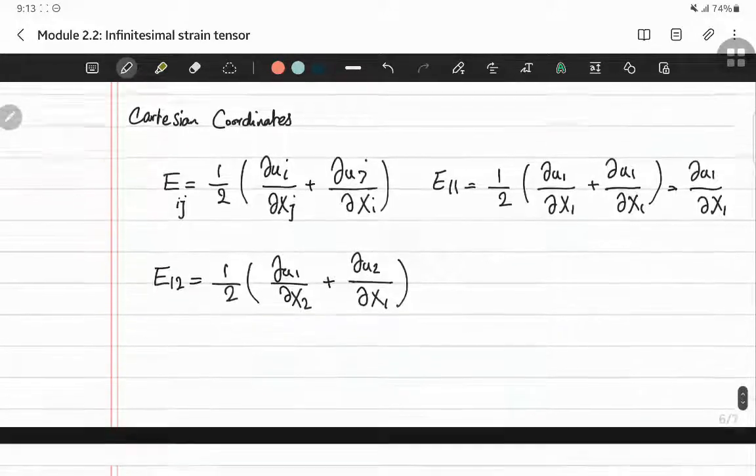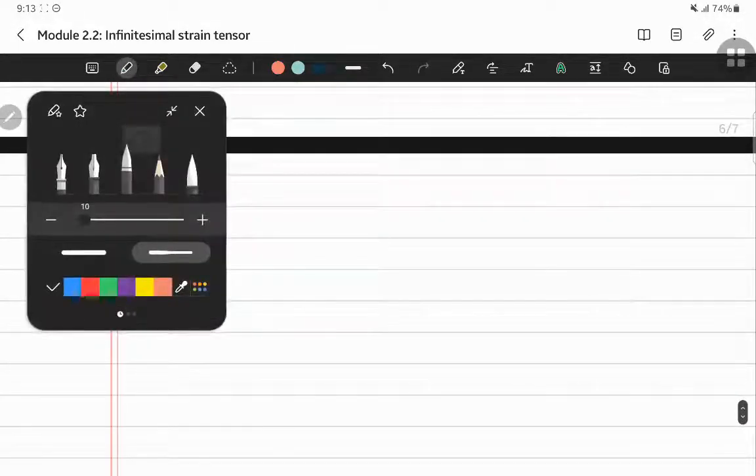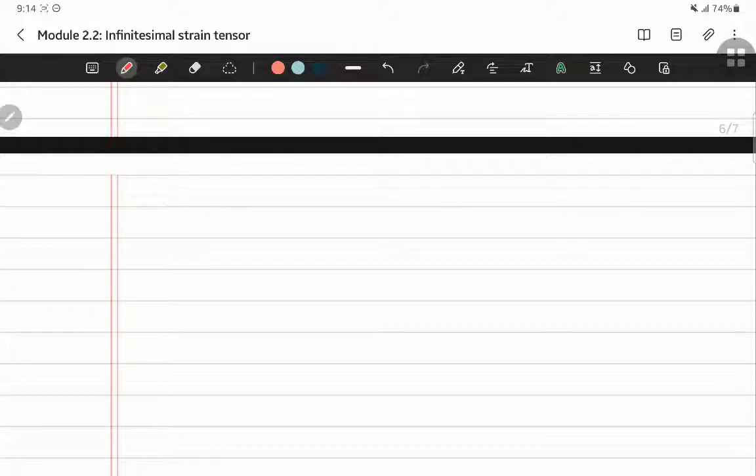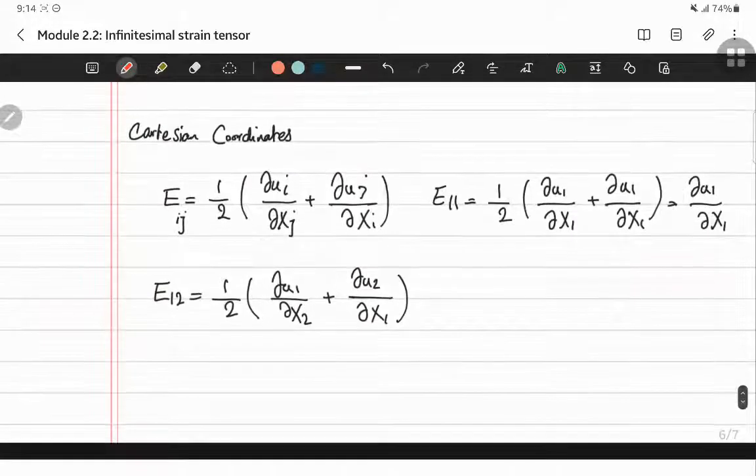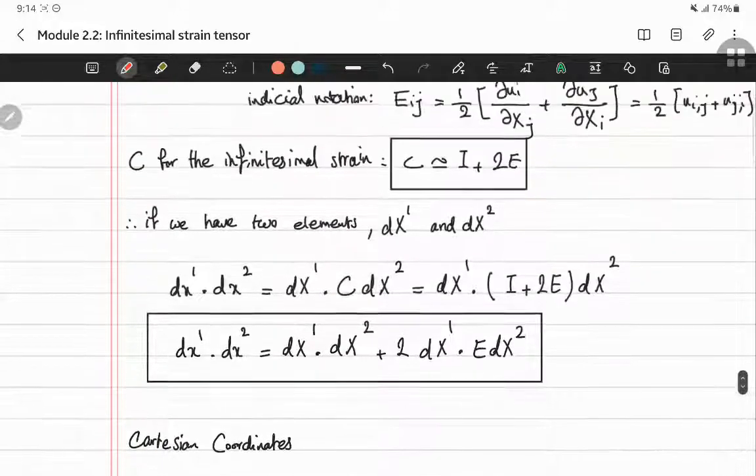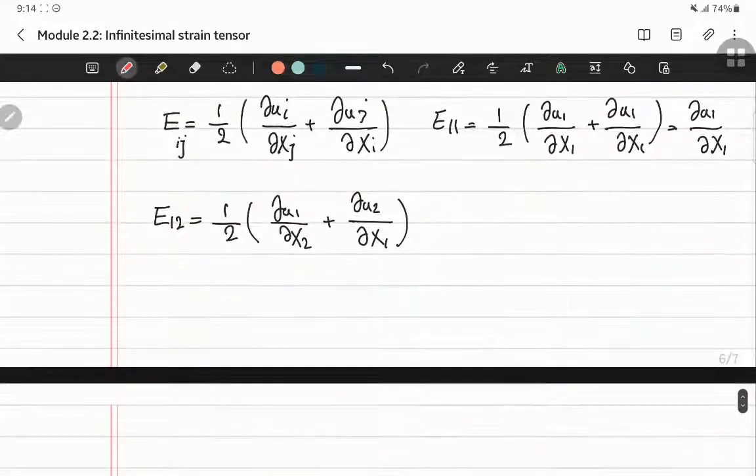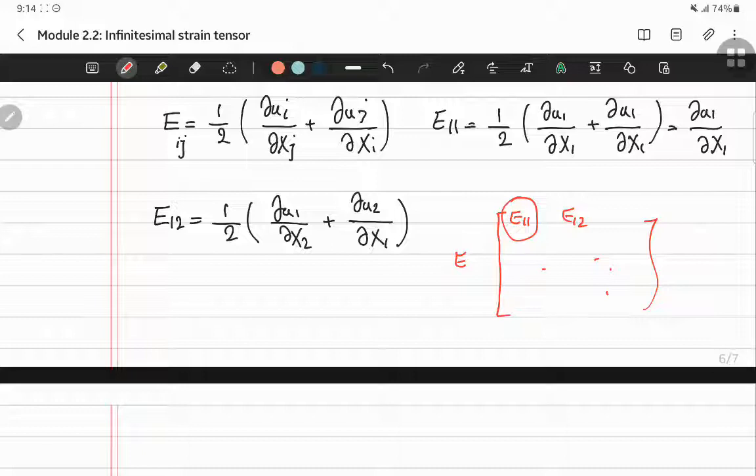So now let's get into an important topic here, where we're going to understand what is the geometrical interpretation of different components of this tensor E in here, because we already mentioned that this is a tensor, like you have E11, E12, and so on. And we want to know what each of these elements actually indicate, and what is their geometrical representation.